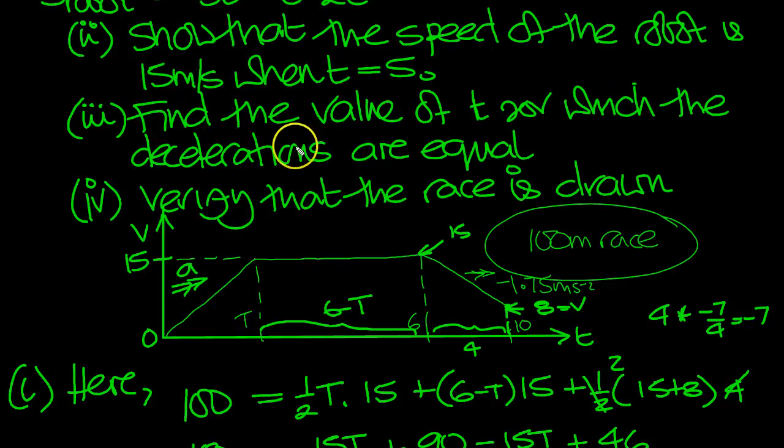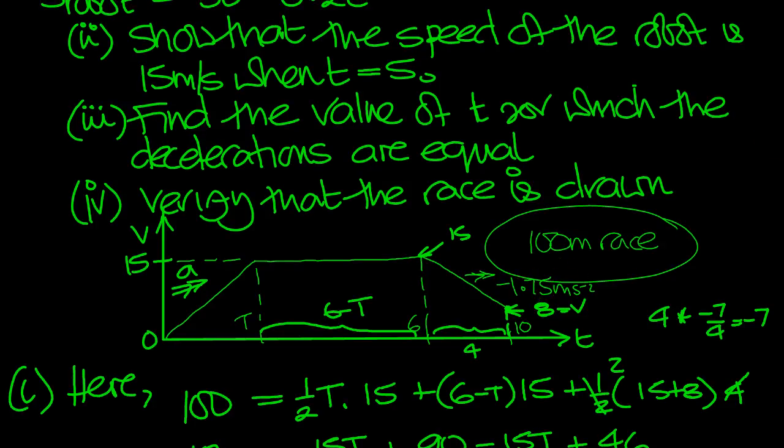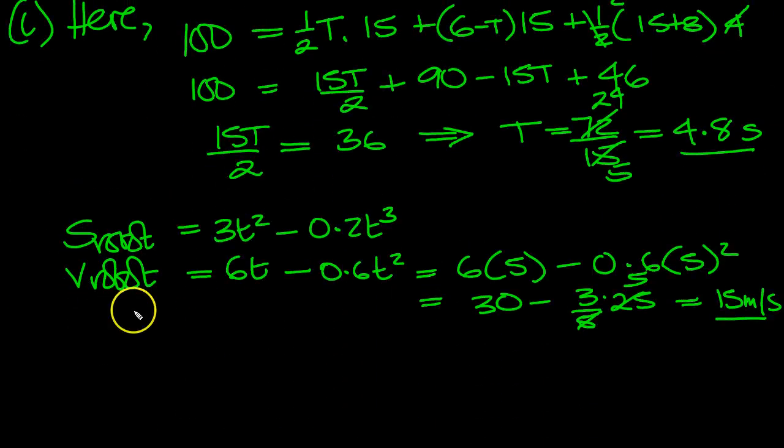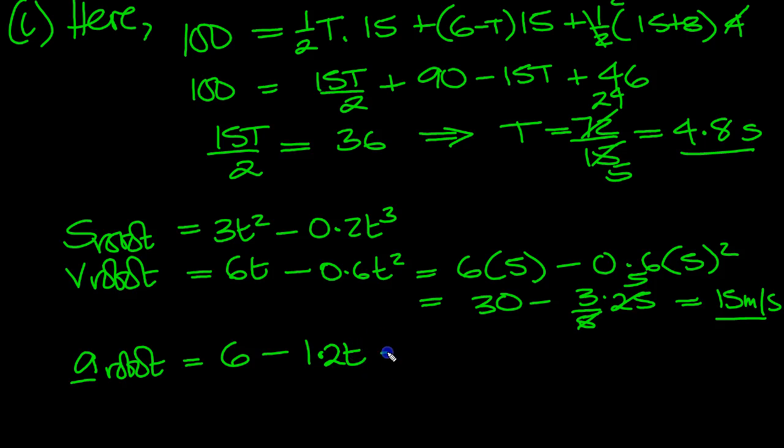Find the value of t for which the decelerations are equal. So the deceleration of the runner is minus 1.75. The acceleration of the robot is found by differentiating again: 6 minus 1.2t is equal to minus 1.75, which is minus 7 quarters.